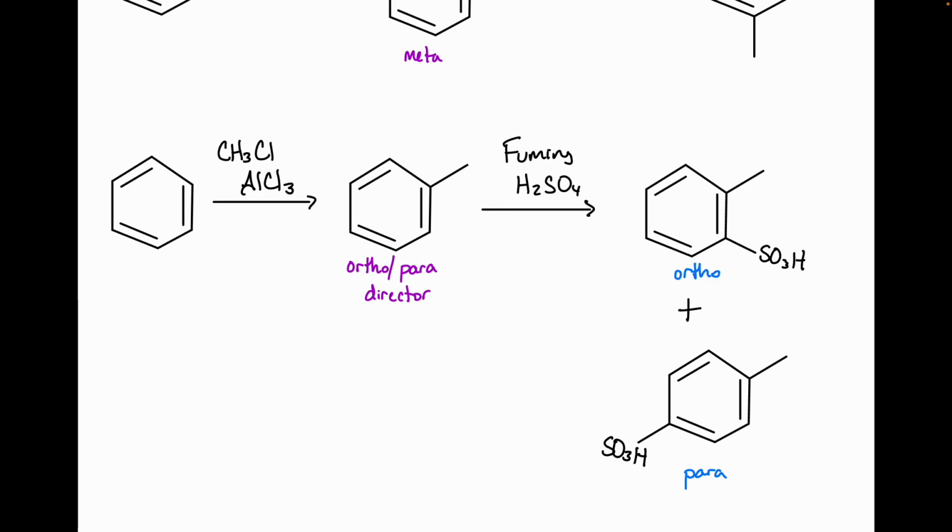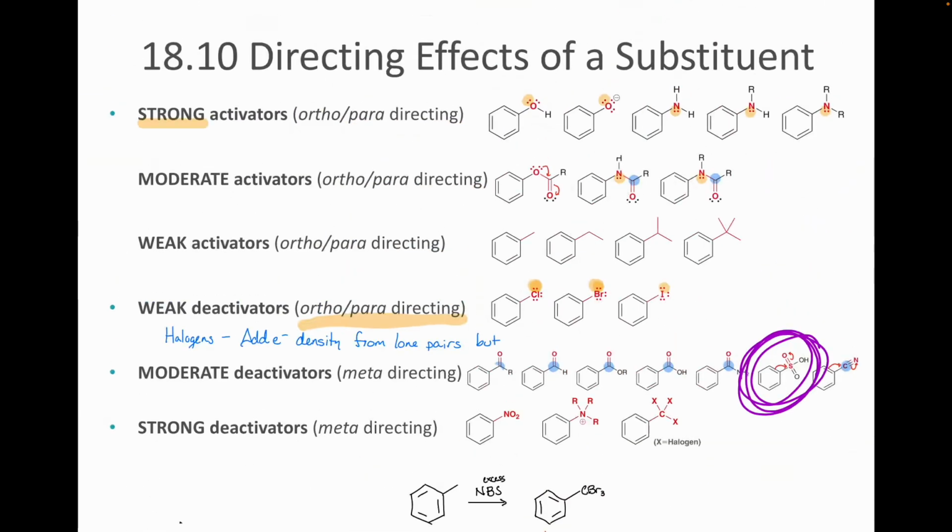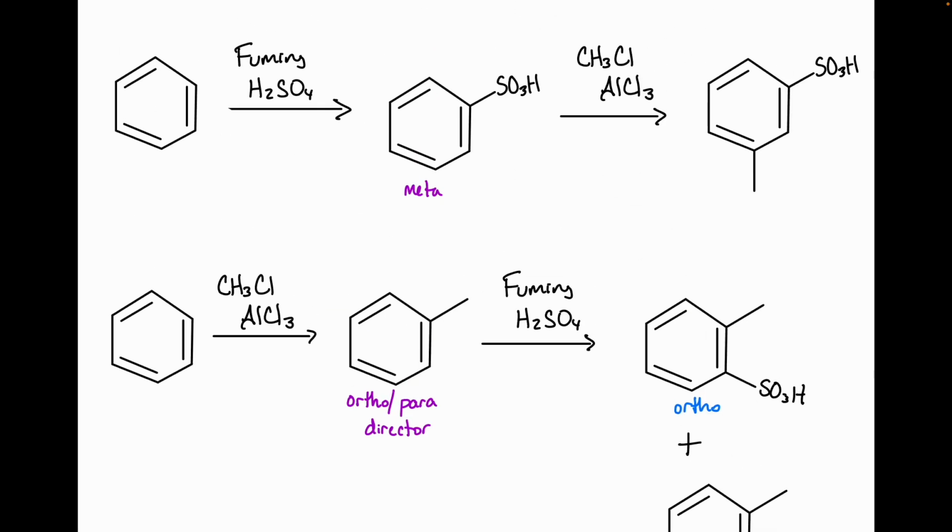Cool. All right. So we went through the trouble of labeling these as strong versus moderate versus weak. What the heck do we mean by that? All right. So let's just take a look at an example. Let me grab my pretty benzene ring.